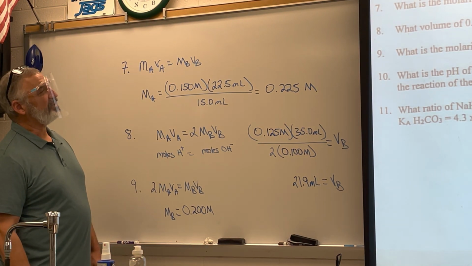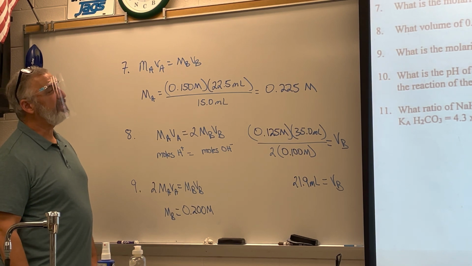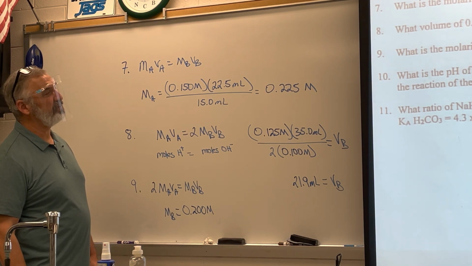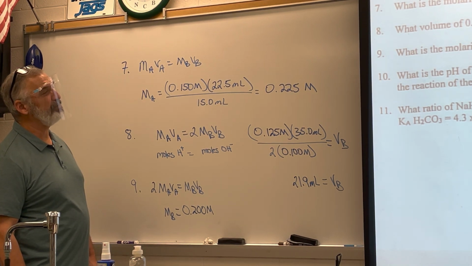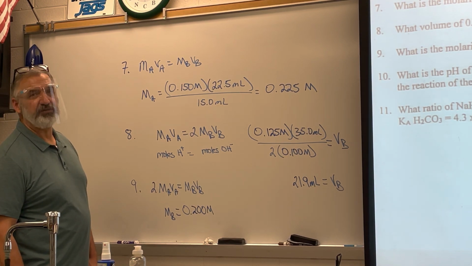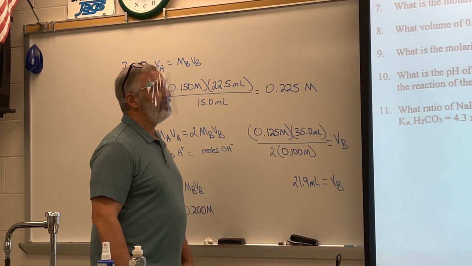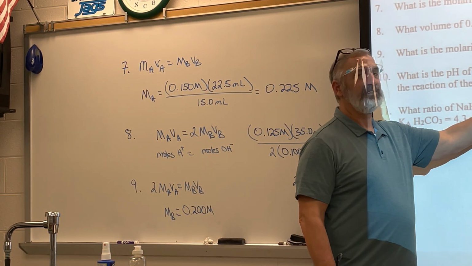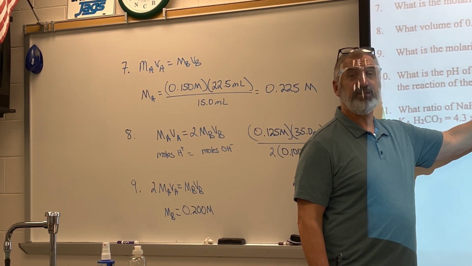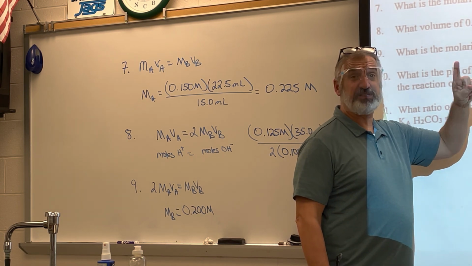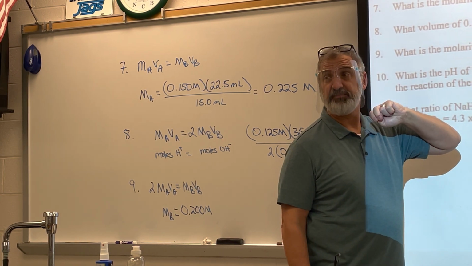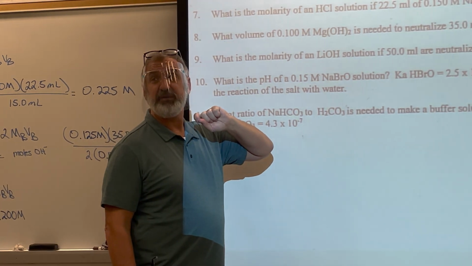Okay, so number 10. What is the pH of a 0.15 molar sodium hypobromite solution? What type of substance is this? A salt, right? First off, is it an acidic, basic, or neutral salt?